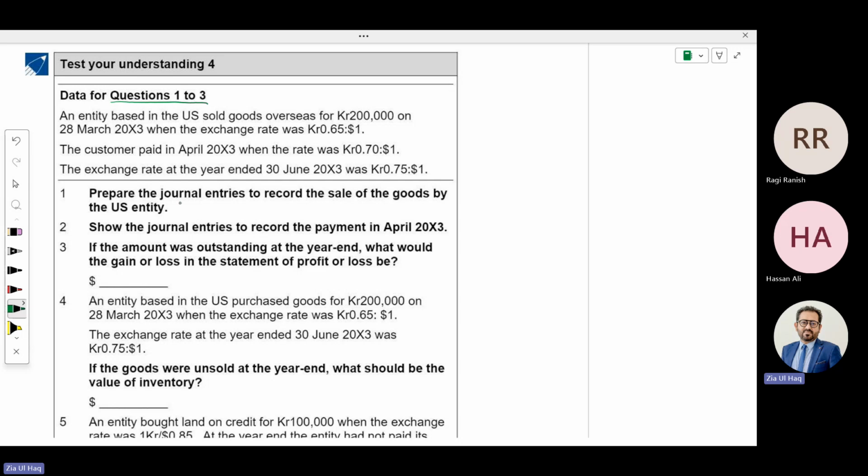Number one, prepare the journal entry to record the sale of goods by the US entity. What's the accounting entry for credit sale? With how much amount? 200,000 divided by 0.65.